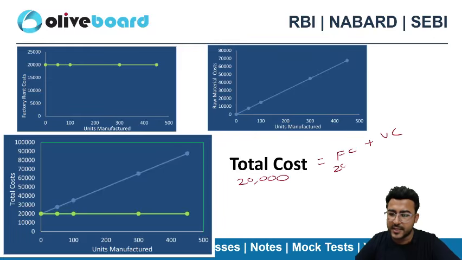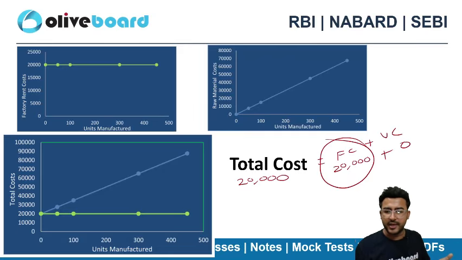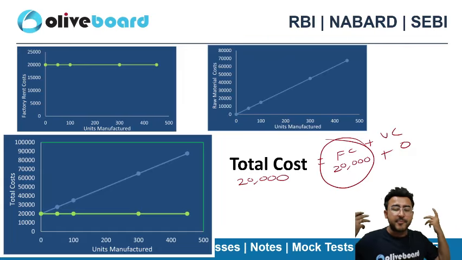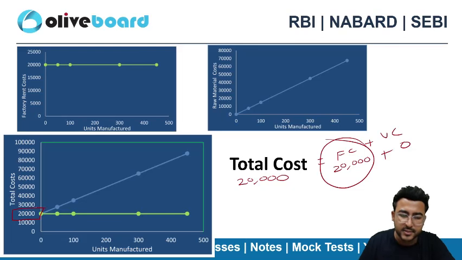Even if you don't produce anything, your fixed cost will be there, but your variable cost won't be. If I don't produce any t-shirts, I don't have to incur any variable cost, but I still need to pay rent of 20,000. That's why the graph of total cost will always start from here, at 20,000, my fixed cost.